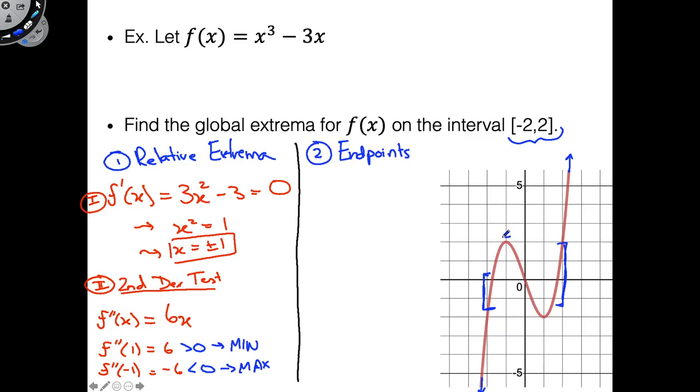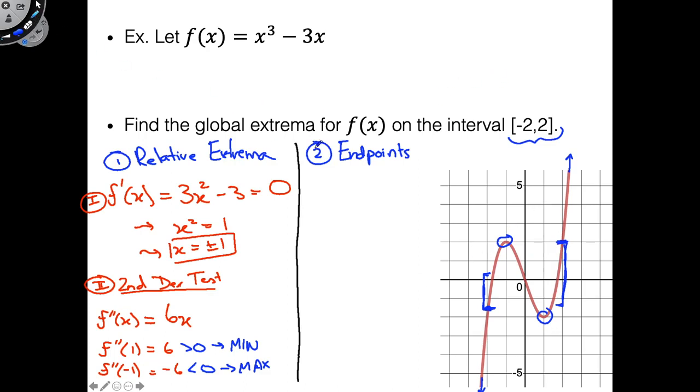Well, they could occur at our relative extrema, but they could also occur at the very ends of our interval. So you could have one over there, you could have one up here, where our interval sort of cuts us off. So we could potentially have the biggest or smallest value of the function occur over there. So that's also something that we are going to investigate.